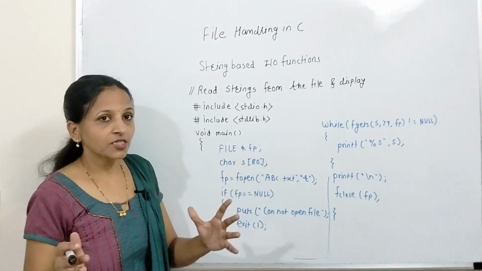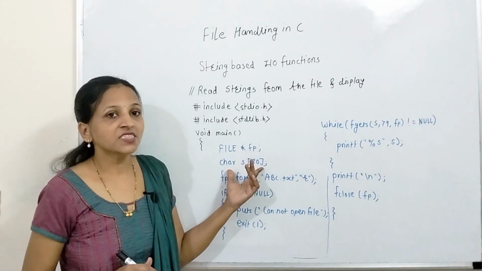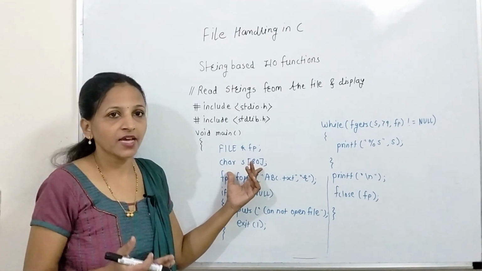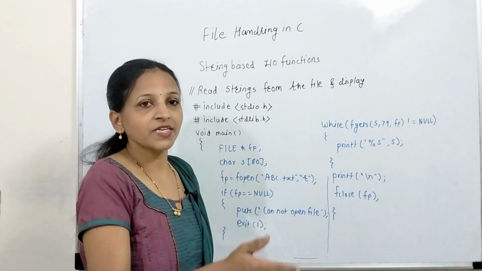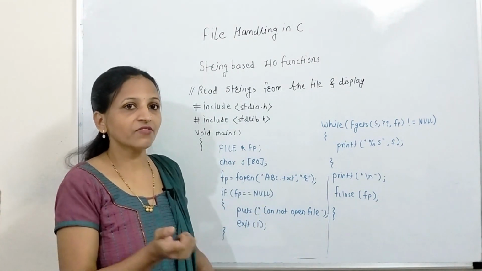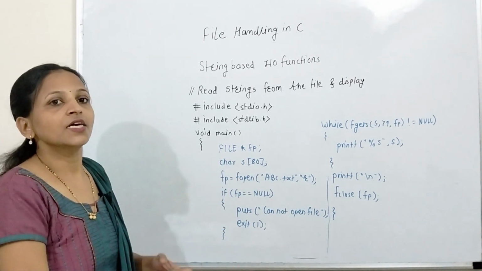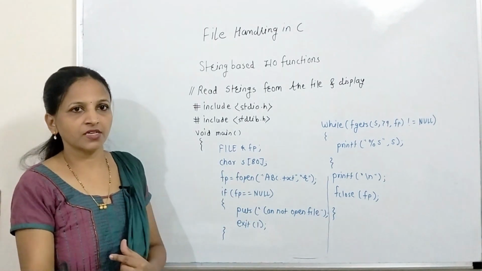Now see here, initially we have to declare this file pointer, it is compulsory. Then one string variable we have declared here. A string variable is nothing but a character array, because we are going to read string by string from that file. Whenever we read one string from that file, we will store it inside that s, the character array, and we can display that.